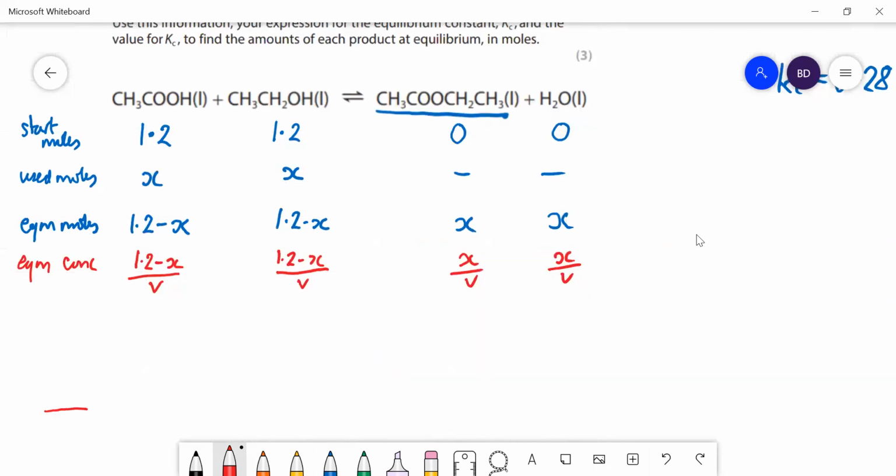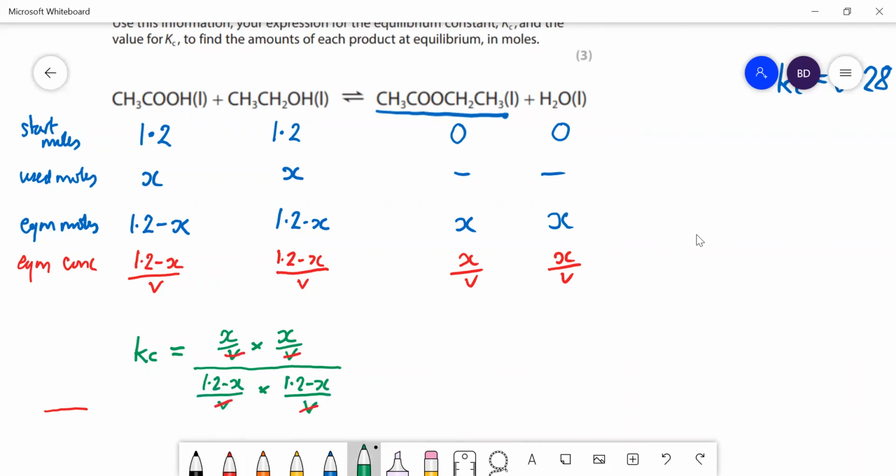Okay, so Kc is going to be equal to the concentration of ester, X over V, multiplied by the concentration of water, X over V, divided by the concentration of acid, 1.2 minus X over V, multiplied by 1.2 minus X over V. All of those V's are going to cancel out.